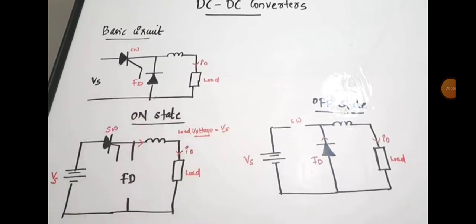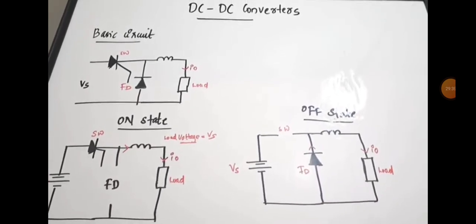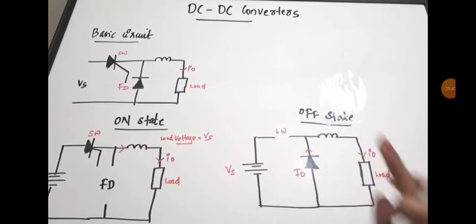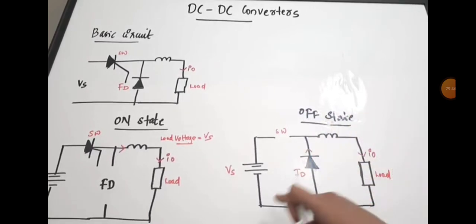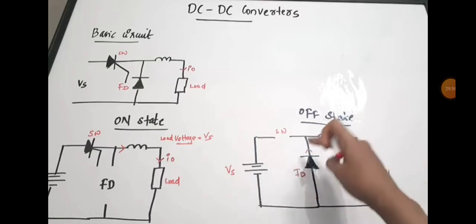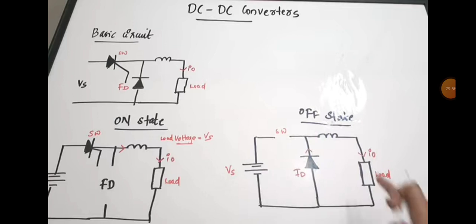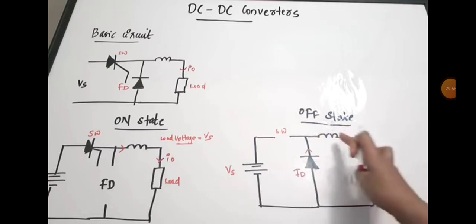Now during the off state, the switch is in the off condition. So what will happen when the switch is in the off condition? There is an open circuit. There is no connection between the source voltage and the load, right? So during the off condition, the load current will flow through this freewheeling diode. Here you can see that there is a short circuit formed.